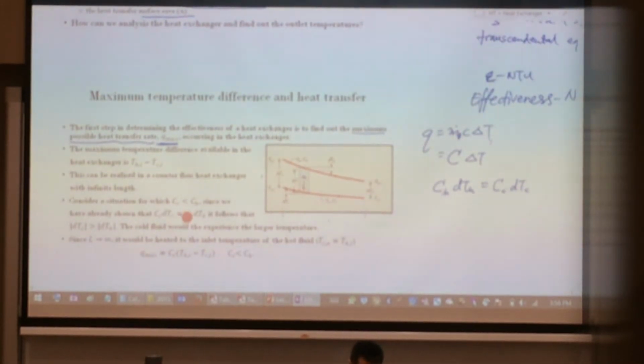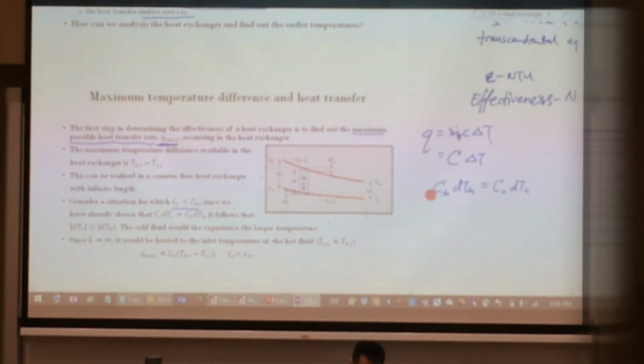So if we consider the case where my heat capacity rate for the cold fluid is smaller than my heat capacity rate for my hot fluid, that means CC is smaller than CH. Could you see that in order for them to be equal to each other, my dTc must be greater than dTH?